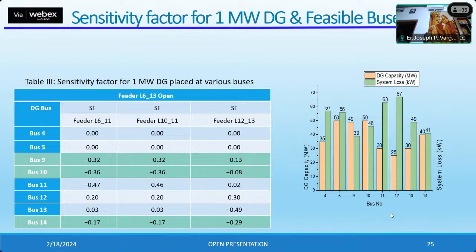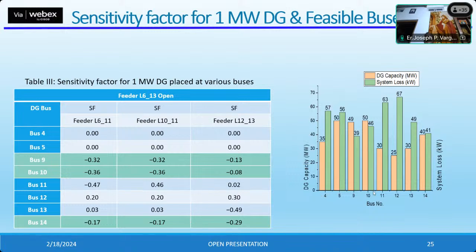And also, we are finding the optimal DG for each feeder, or each bus. For bus number 4, when we place 35 megawatt, the loss is 57 kW.